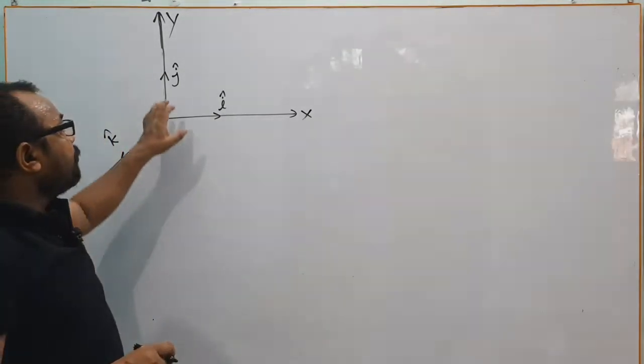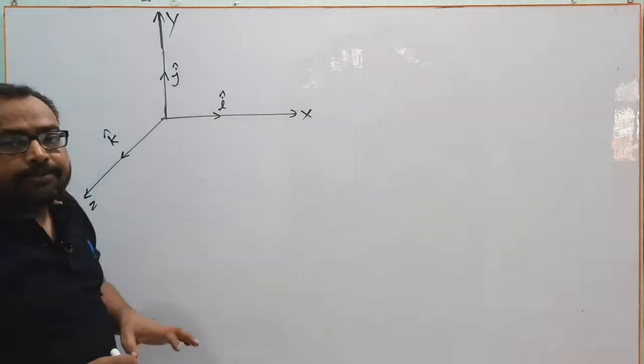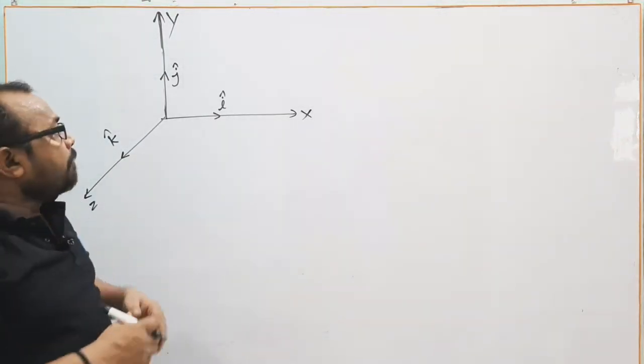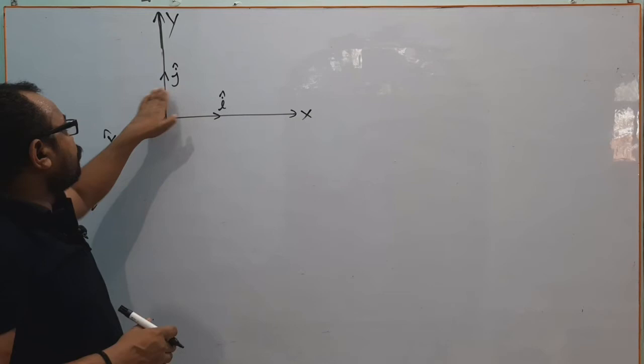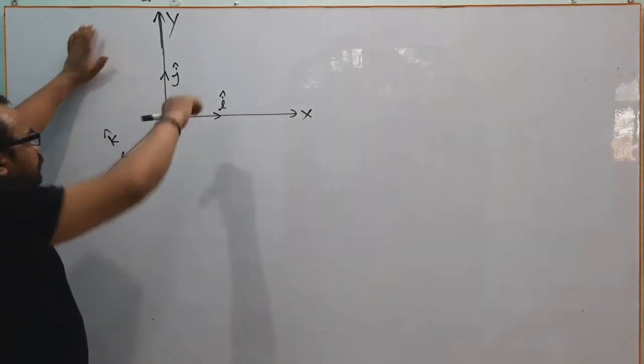Now we will learn about the dot product of these orthogonal unit vectors.